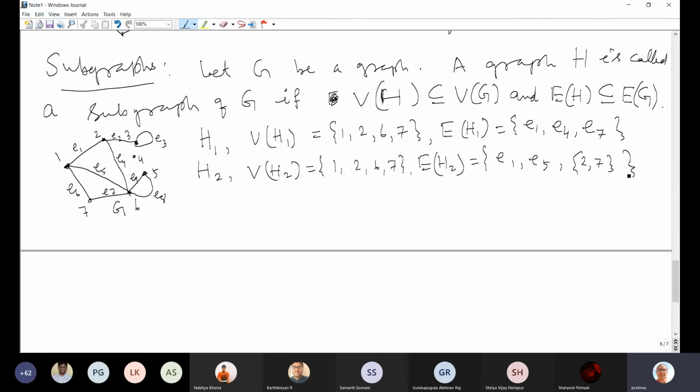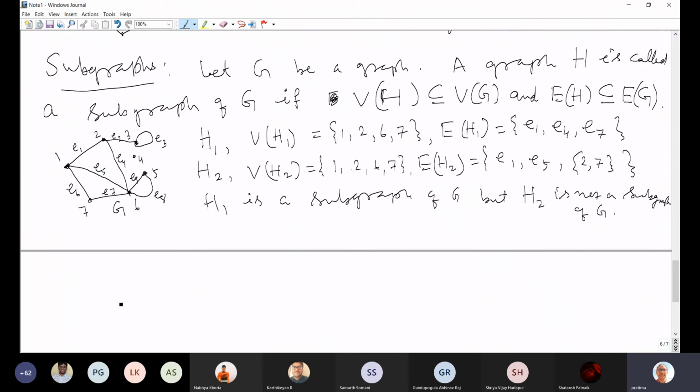This edge 2, 7 in H2 is not there in the graph G. 2 and 7 are non-adjacent in the graph G. Therefore, H2 is not a subgraph of G. H1 is a subgraph of G, but H2 is not a subgraph of this graph G.